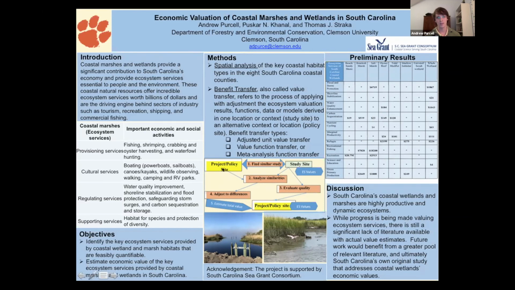And this method can kind of be shown through this diagram here. So what the results show are, for each habitat, there is a specific ecosystem service listed. The table is fairly empty because the literature is still pretty sparse as far as what services have been valued.